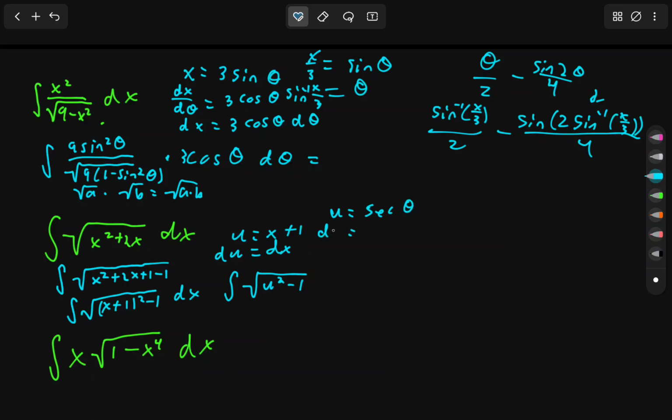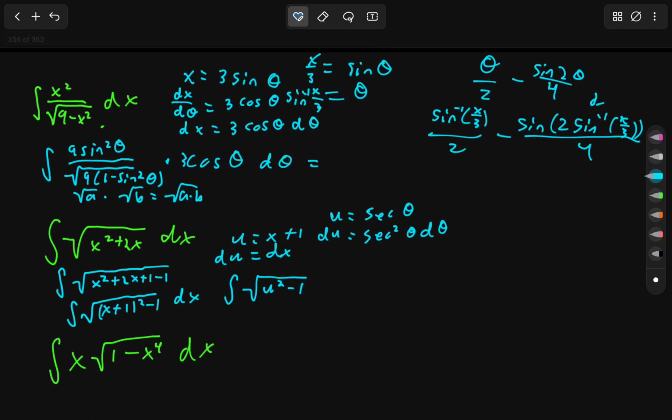So then our du will be equal to secant squared of theta d theta. Well, if that's equal to secant squared of theta d theta, this will become the integral of the square root of secant squared theta minus 1 times secant squared of theta d theta.